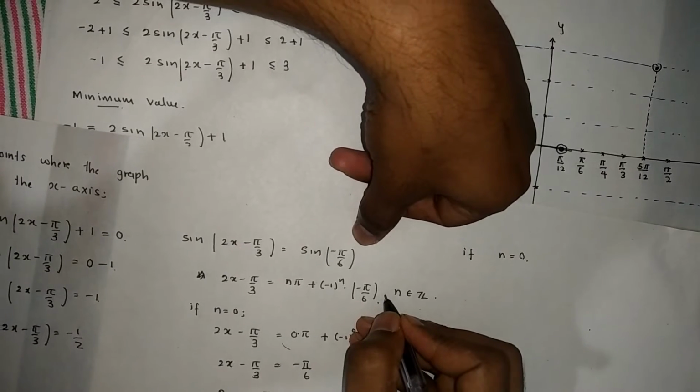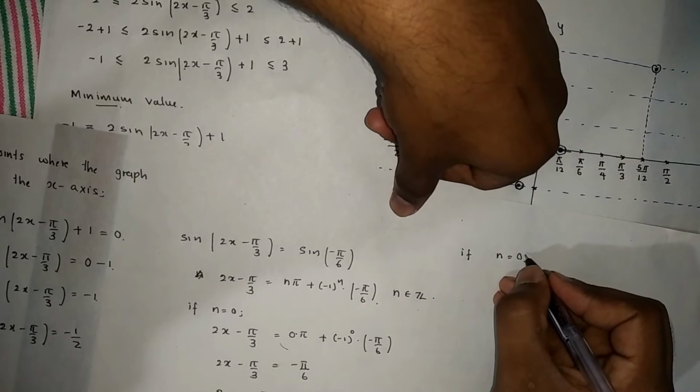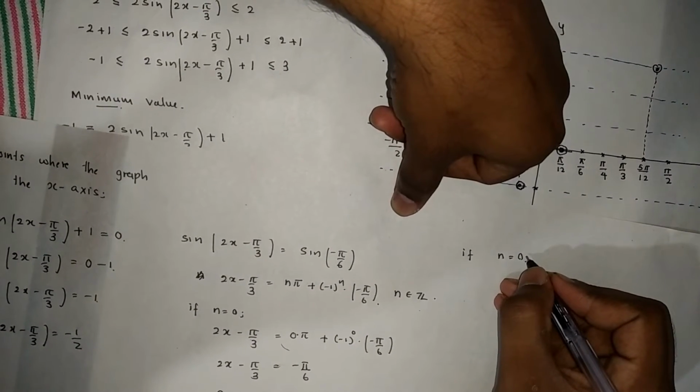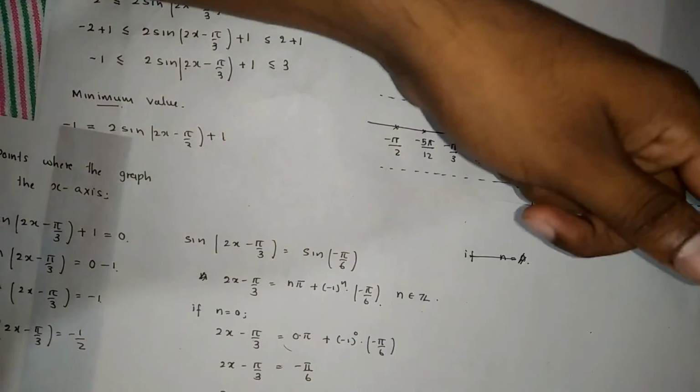Minus 7 pi by 6 divided by 2 is 7 pi by 12. But I think if n equal to minus 1, it will work. Okay, so I'll go for a different color for clarity.